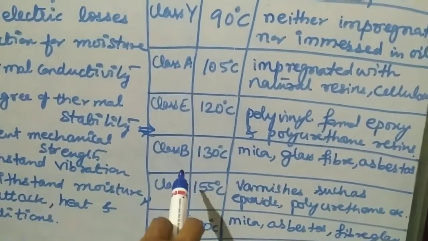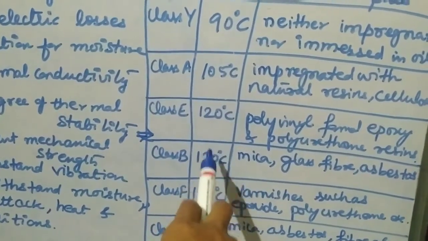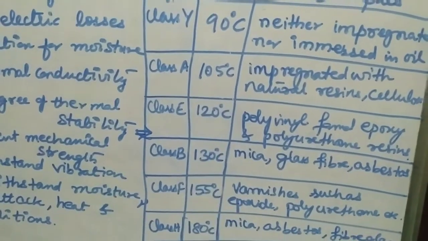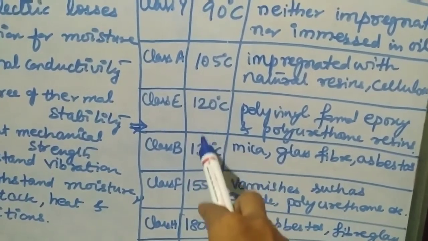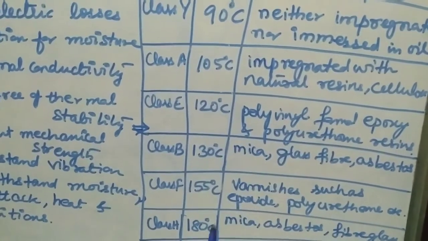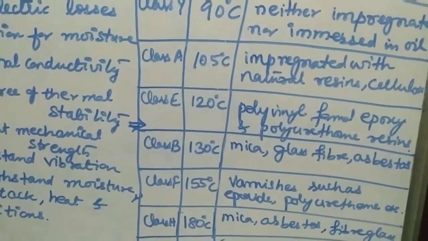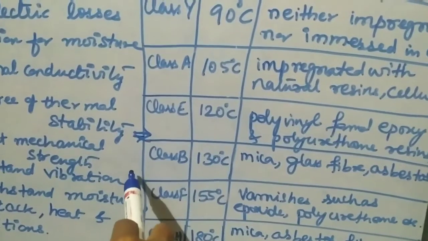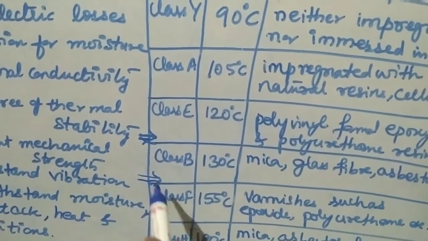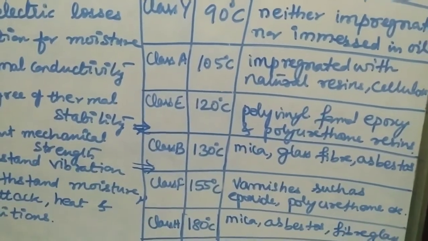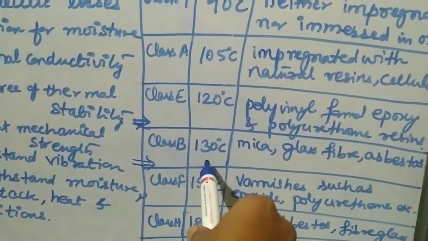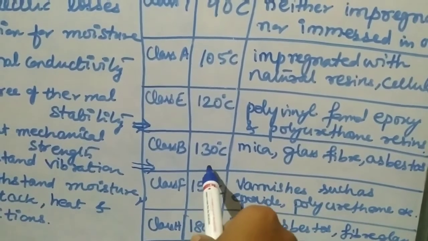After that, at class B, you can see the increment changes. It will be only 10 degrees Celsius. Then 10 plus 15 is 25. Again we start with an increment of 25 from class B.